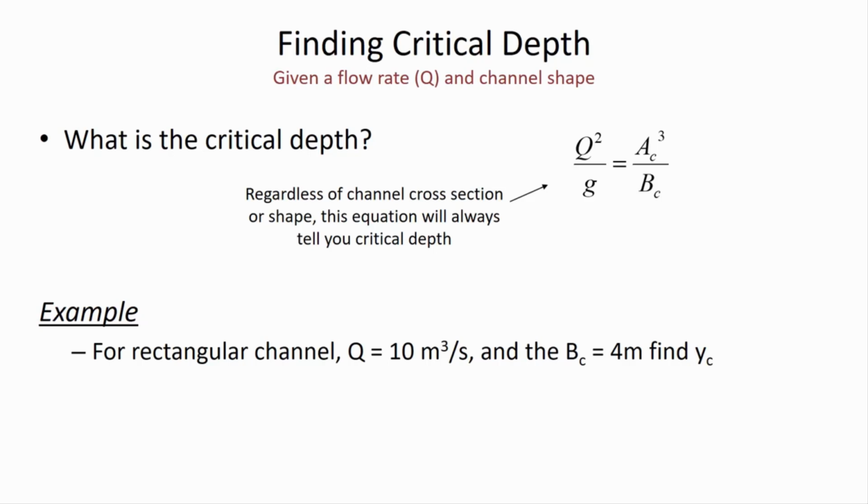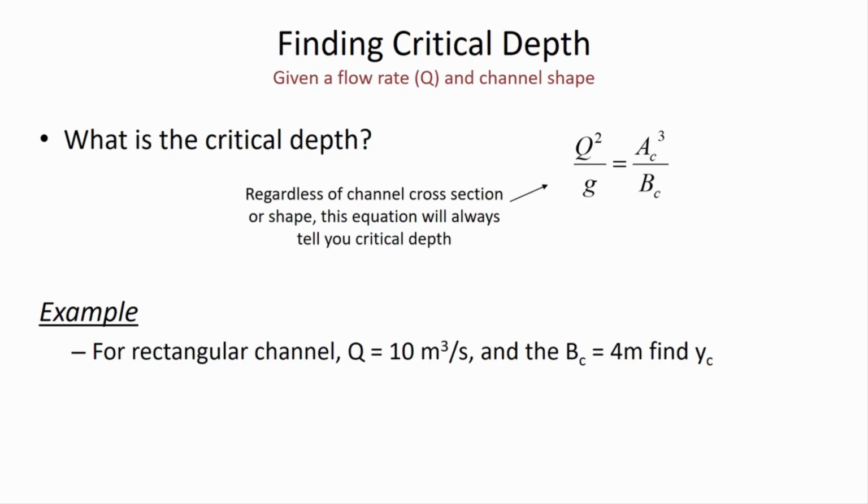So b sub c is the channel width at the critical conditions, and the channel width is 4. So just substitute the 4 in there.